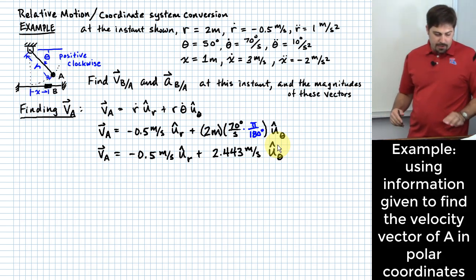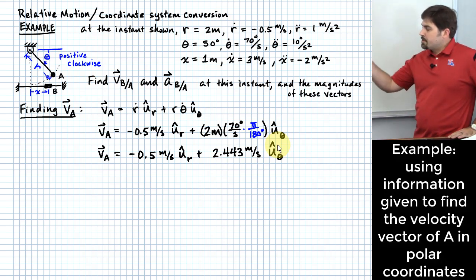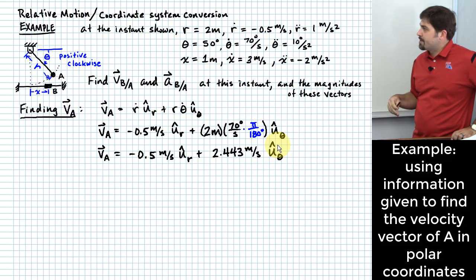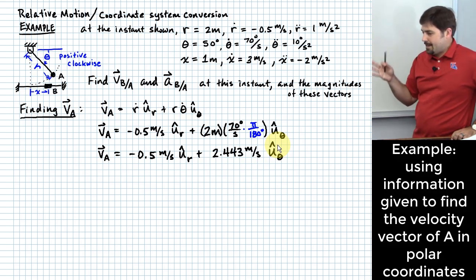Okay, well that's all well and good, but here's the problem. In order for us to actually do the addition that we need in order to find relative velocities, that's what we're ultimately going for, right? V of B relative to A, or A of B, or acceleration of B relative to A at this instant, we need to have uniform, I would say, vector systems in place.